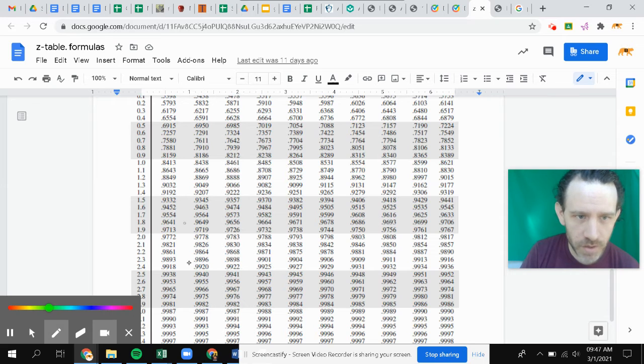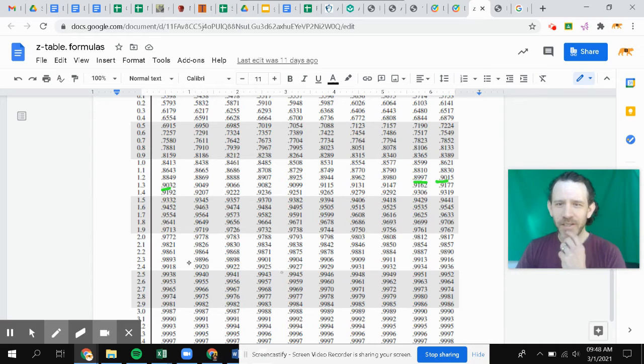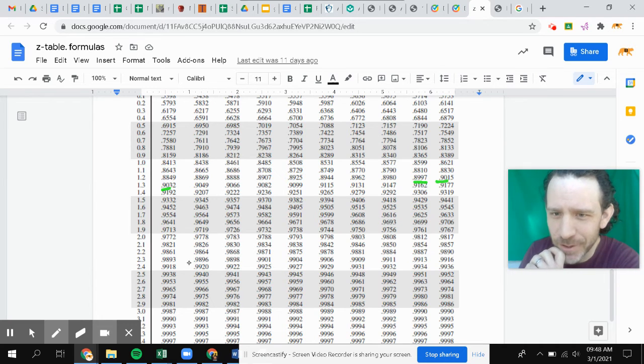The closest one to 0.90. Look at this. This is 0.9032 right here. Not quite there, and 0.88 is right above it. So let's go back. We've got 0.9015 here. That's a little closer. And 0.8997. Which one is the closest to 0.90?